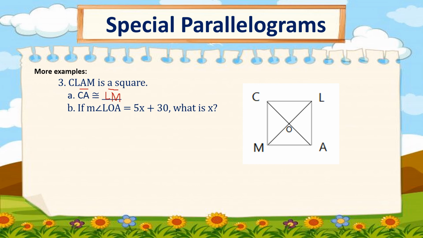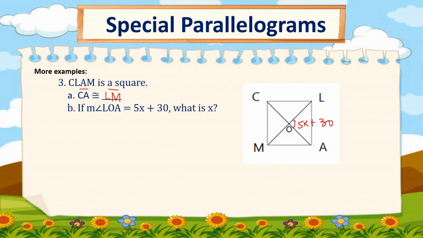Letter B. If the measure of angle LOA is 5x plus 30, what is the value of x? The diagonals of a square are also perpendicular. So it means that angle LOA is a 90-degree angle.